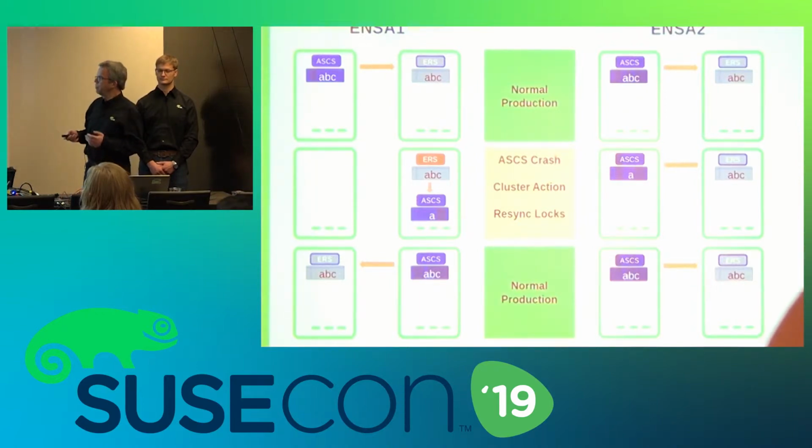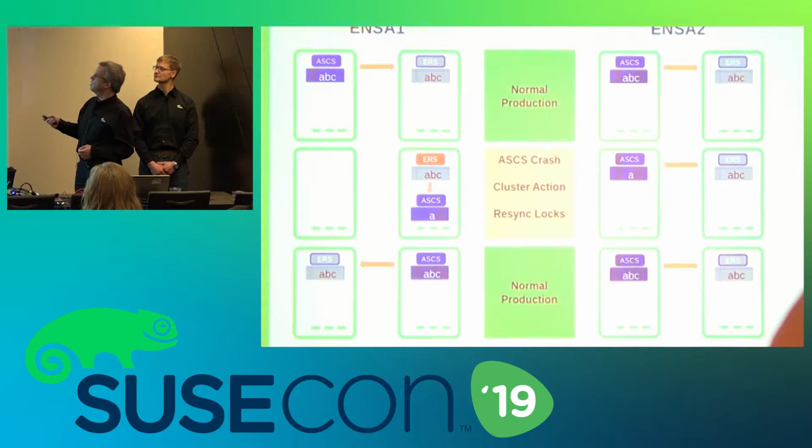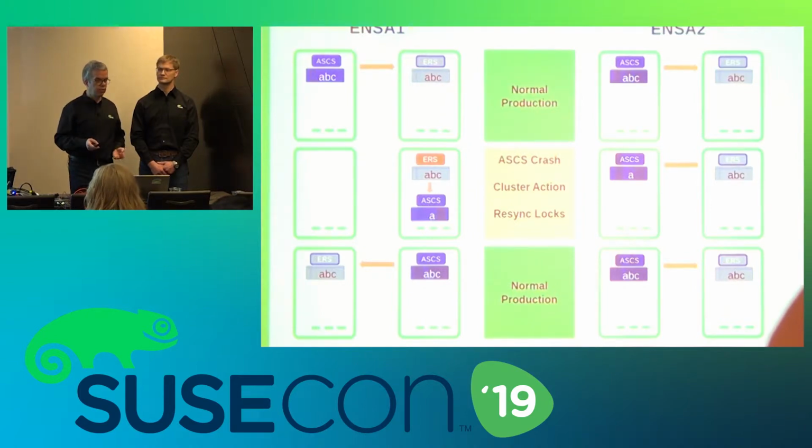Because of these limitations, together with SAP we thought about how we could solve that, and the SAP kernel developers brought up the ENSA 2 architecture. The ENSA 2 architecture can now also sync from the ERS side to the ASCS side via network.